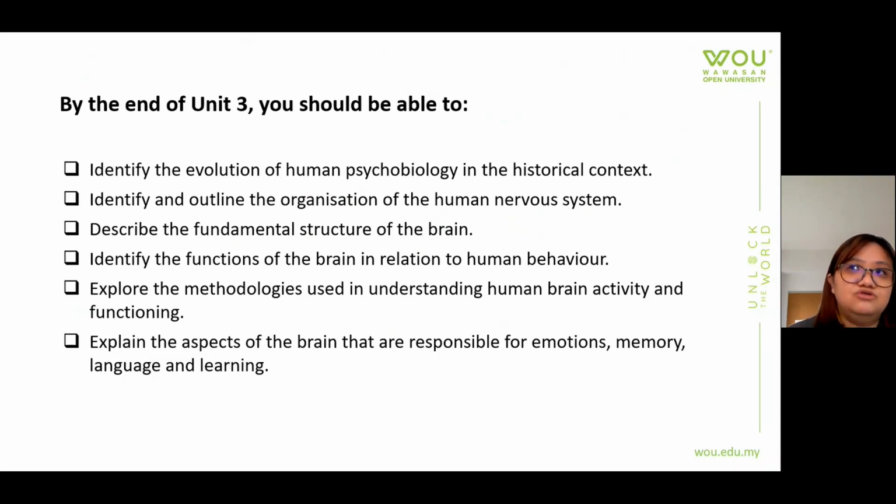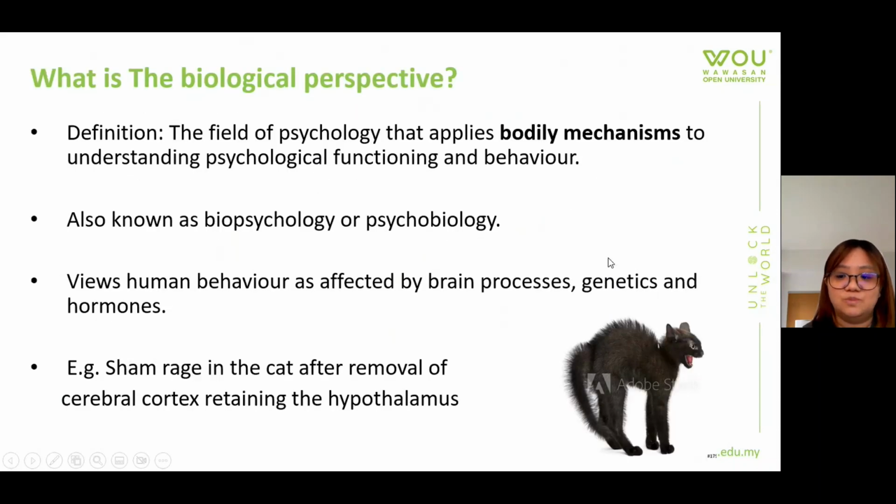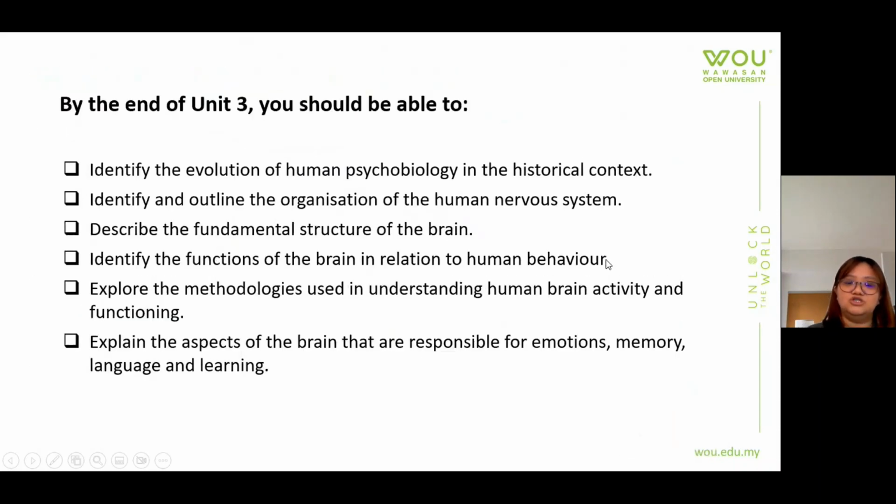And then you should be able to describe the fundamental structure of the human brain, identify the functions of the brain in relation to humans' behavior, and then explore methodology used in understanding humans' brain activities and functioning, and explain the aspects of the brain which are responsible for emotion, memory, language, and also learning.